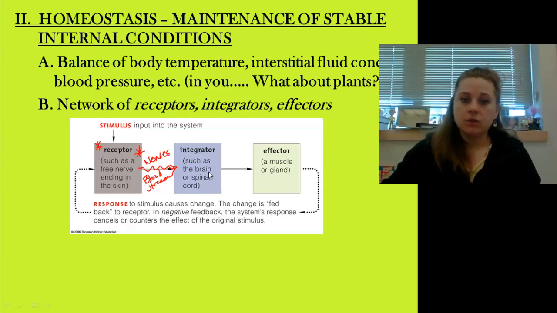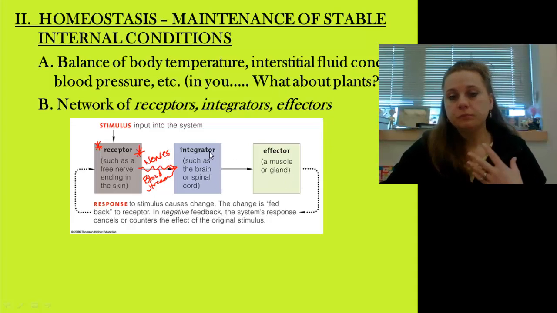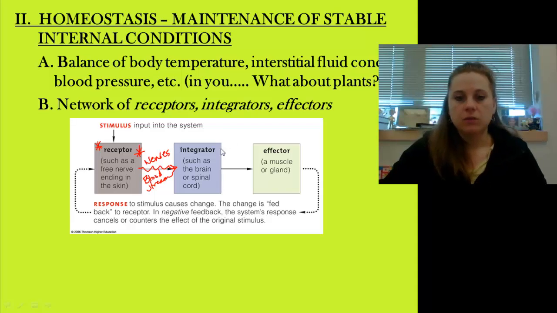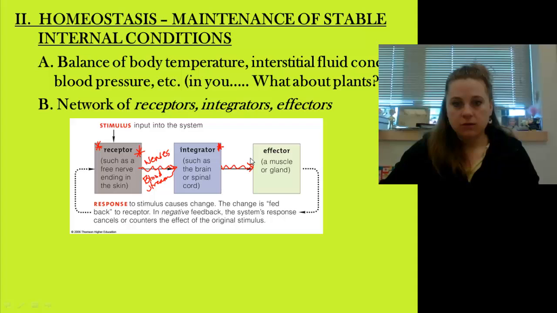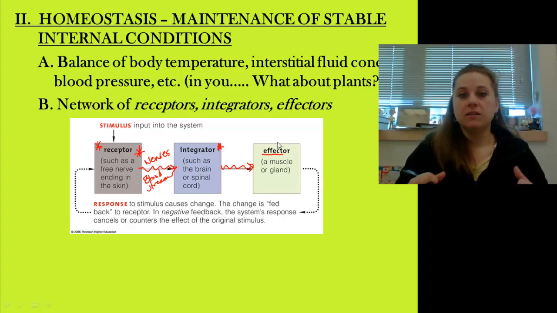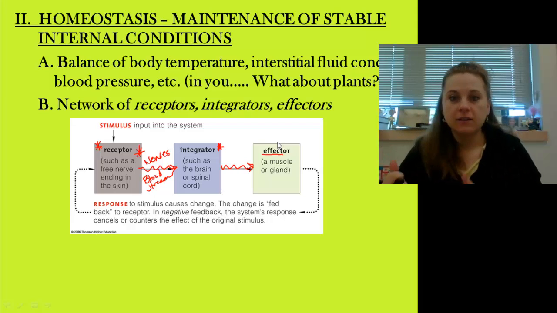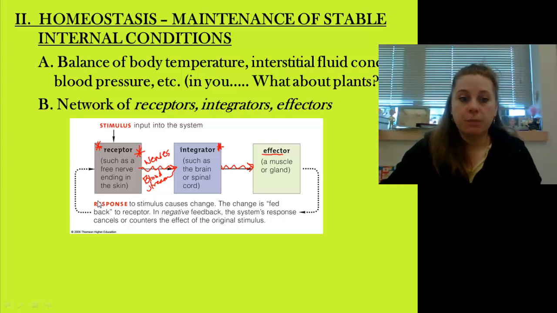So this could be our brain, our spinal cord, whether it's through the blood or not. So we hit the integrator next. Then that sends a signal to the effector, because it's going to cause an effect, or in other words, a response.